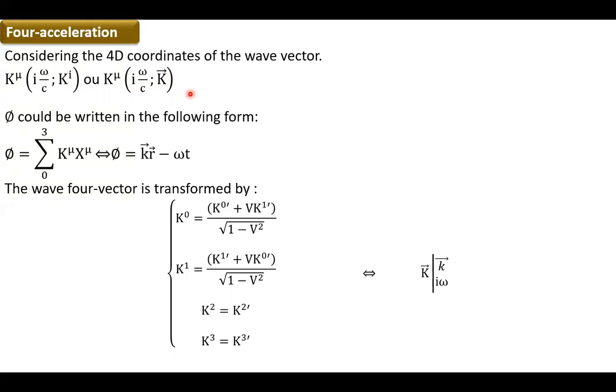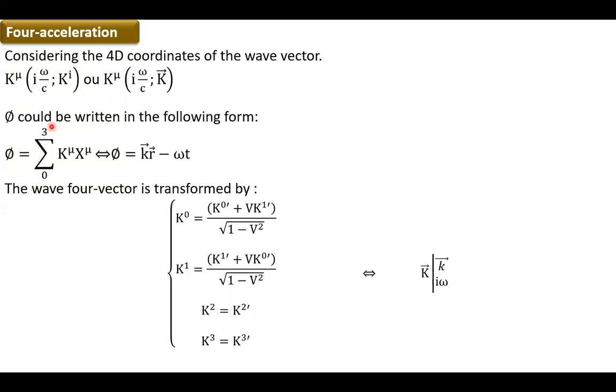So in order to not confuse between the k's, you can write the 3D k as a minor k, a lowercase k, and the 4-dimensional k, or the 4-wave vector, as a major k, or an uppercase k.